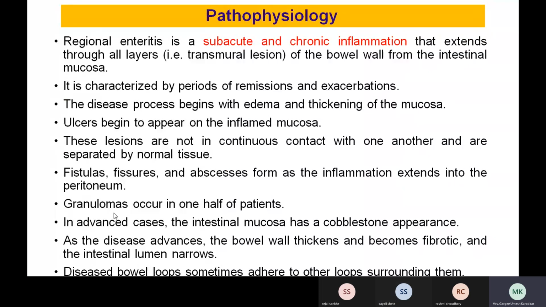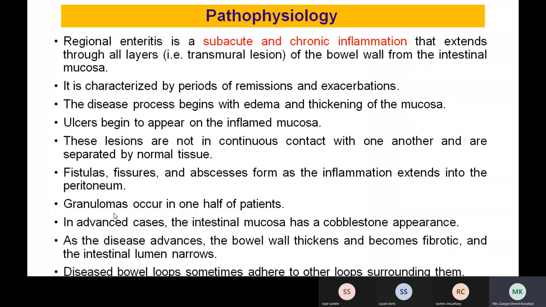Inflammatory changes are subacute and chronic type. This inflammation is called regional enteritis, so some part of the bowel is affected. Whatever part is affected, it will involve all three layers, and that's why it is called a transmural lesion.